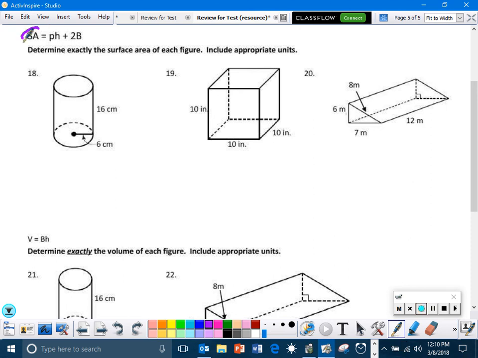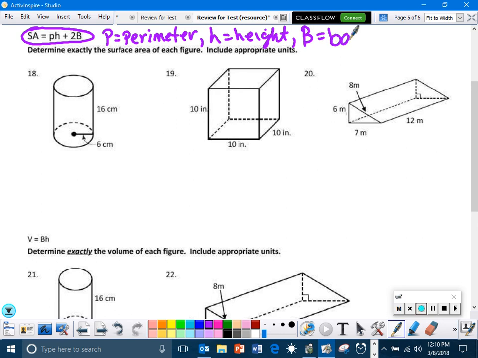So we can see the surface area up here. P is perimeter. H is height. And the big B is the base area.